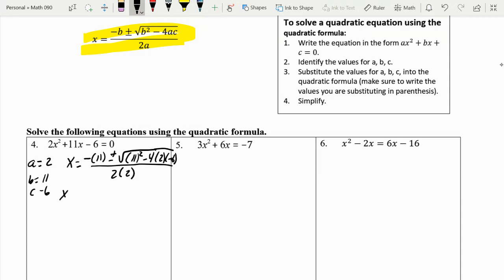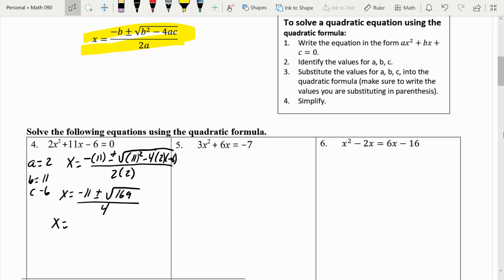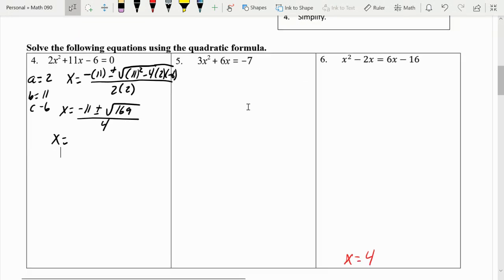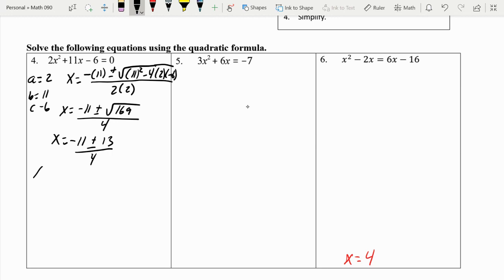So now x is equal to -11 plus or minus. Grab your calculator, plug all that stuff in, and underneath the square root you end up with 169. When you get this, take the square root: the square root of 169 gives me 13 over 4.